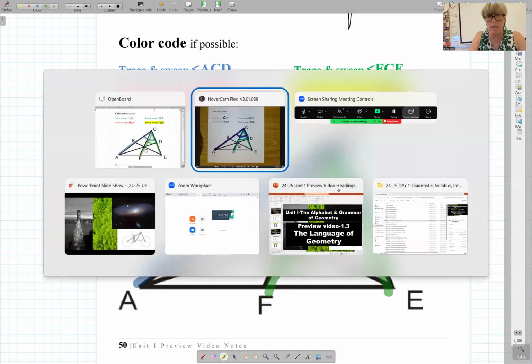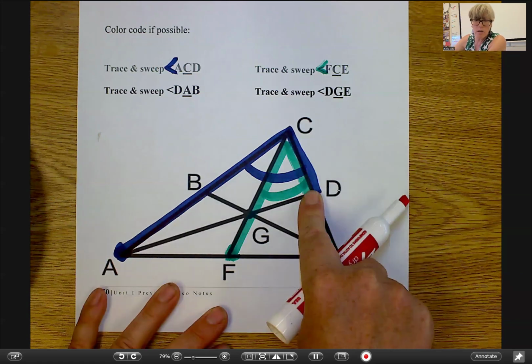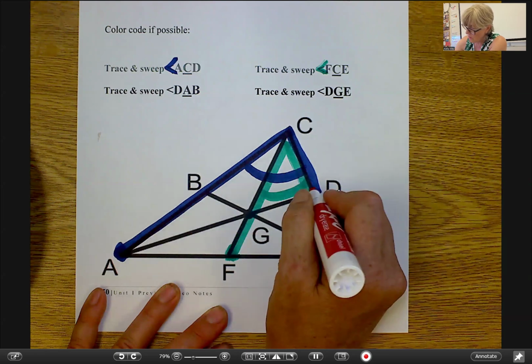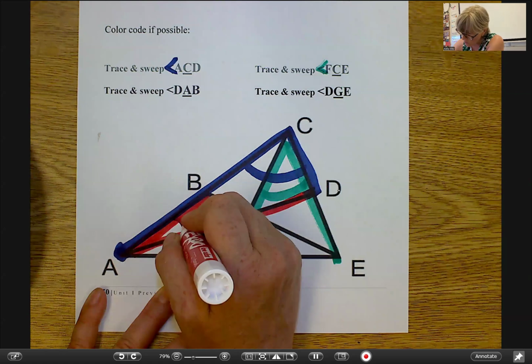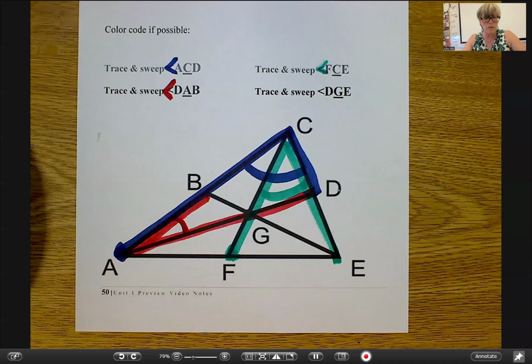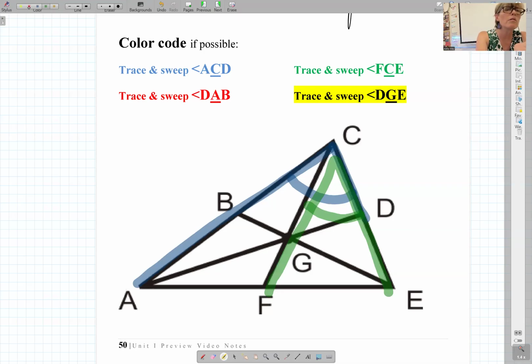D, A, B. Angle D, A, B. Start at D, you're going to go to A and then B. So D, A, B, trace and sweep. That would be angle D, A, B. Let me show you here. Angle D, A, B, trace and sweep.